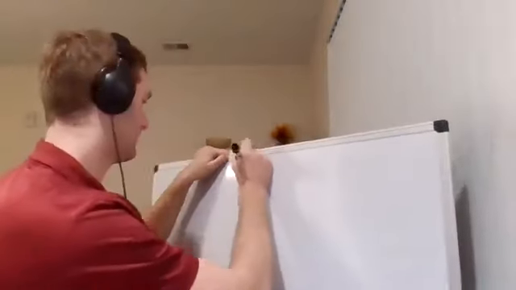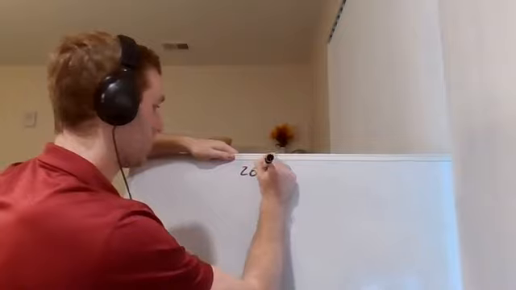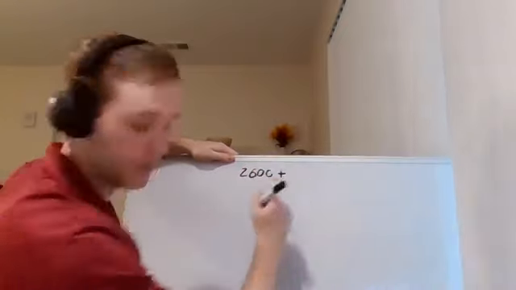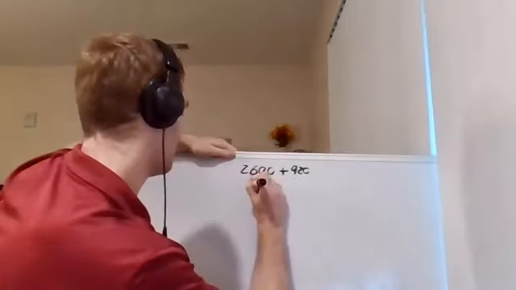So we're gonna start with 2,600 plus 920. All right, 2,600 plus 920. This gives us 3,520.